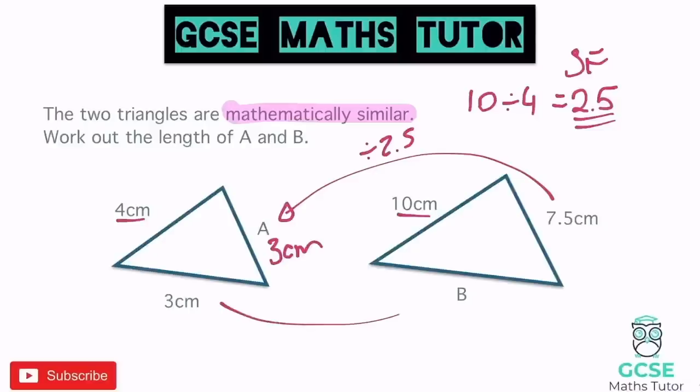But to get from 3 to B, we actually just times by that scale factor, so times by 2.5, and 3 times 2.5, which we already have there, is 7.5 centimetres. Okay, so you just got to remember, divide from the big to the small one, and then multiply by that scale factor to go from the small to the big one. But it's all about identifying that scale factor that we did up here, that 2.5.